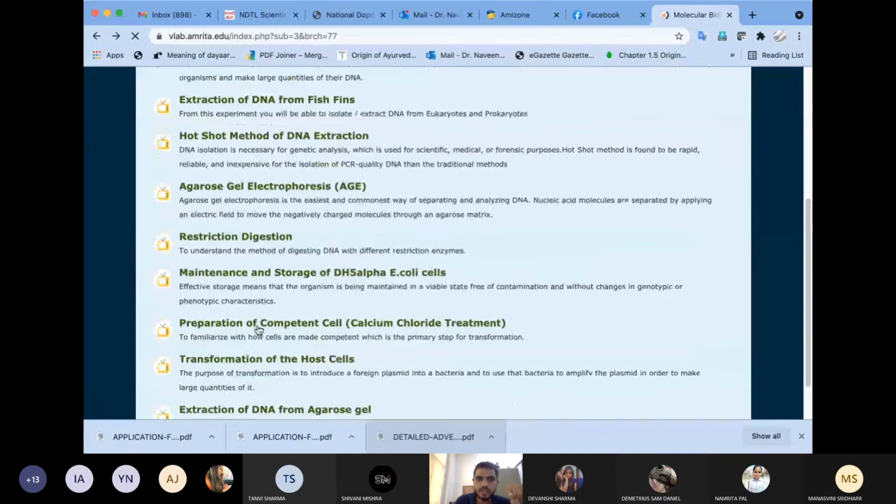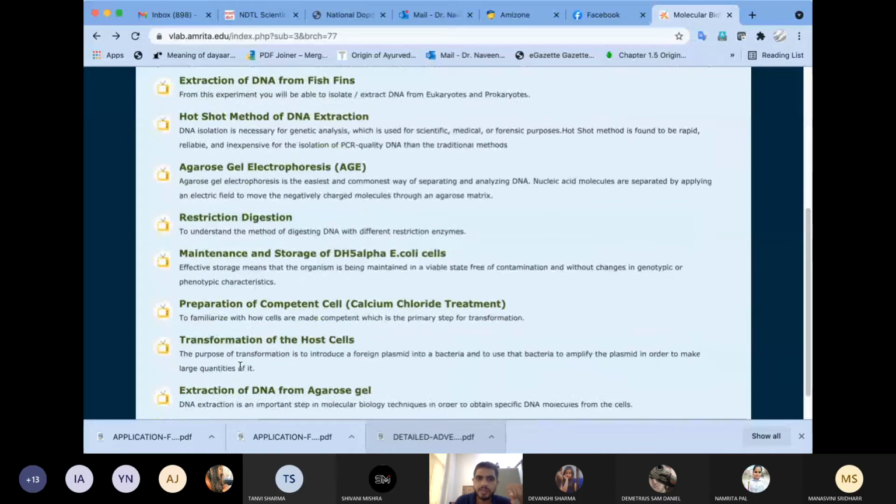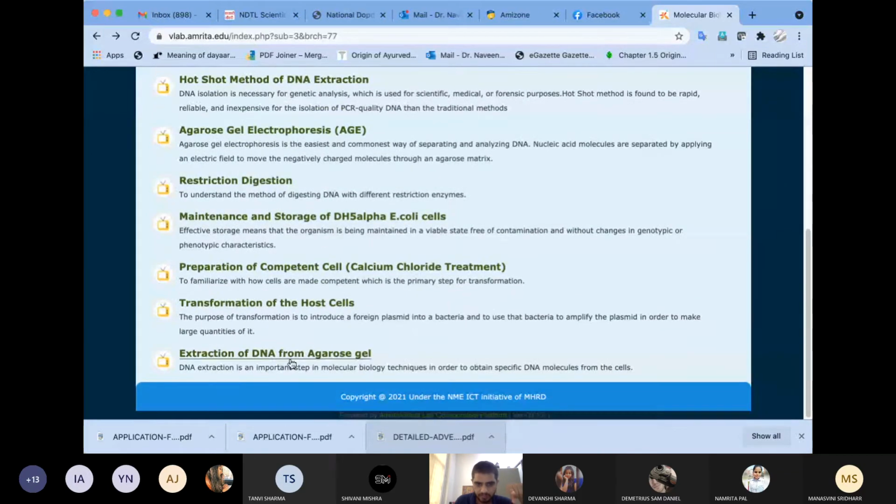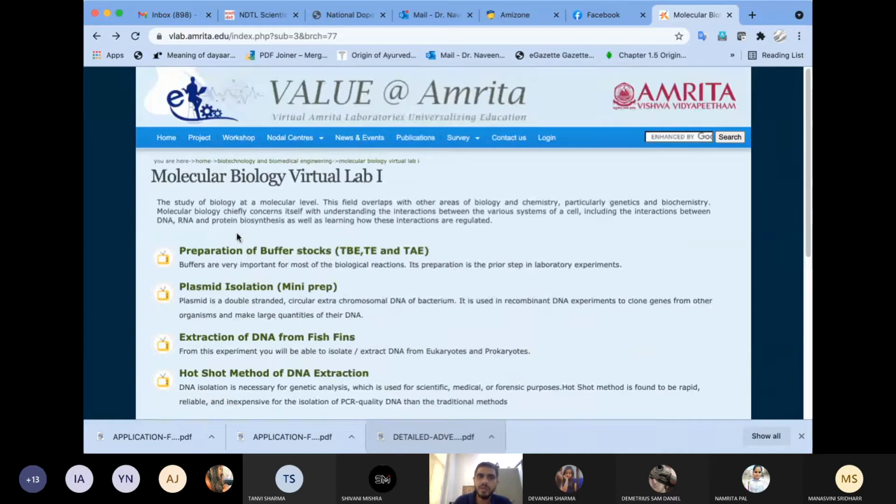The restriction digestion is also there. Competent cell preparation is there. Transformation is there. DNA extraction and extraction of DNA from agarose gel is also there. So these are the different experiments available on this virtual lab platform. In our laboratory practices we are going to utilize some of these platforms also.